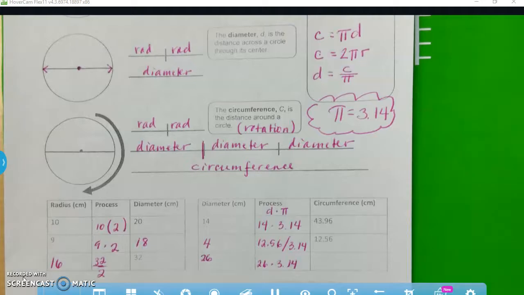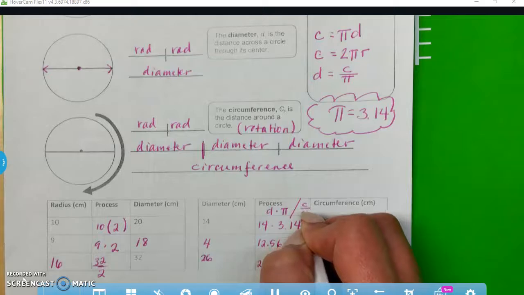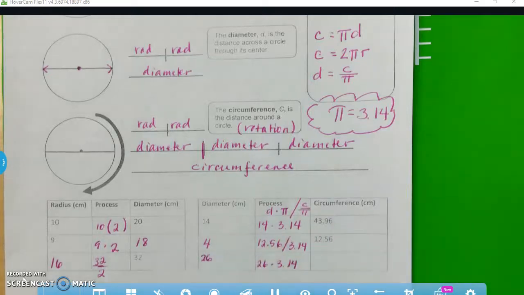That's what we're doing in all of these, or dividing circumference by pi. So this is our process that we were utilizing. And that will give us 81.64 centimeters.